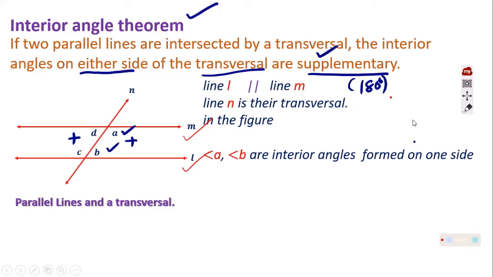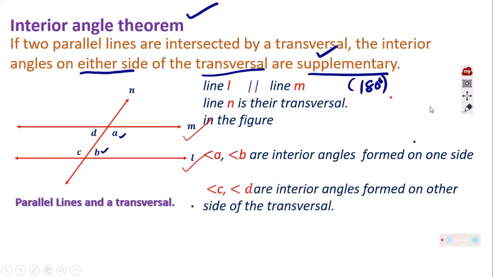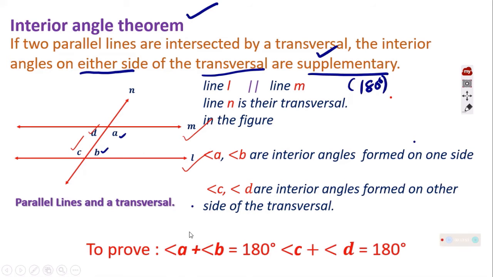And let the angle A and B are interior angles, and C and D are interior angles formed on the other side, then we are supposed to prove now angle A plus B is equal to 180 degree, which is supplementary, or angle C plus D is equal to 180 degree.